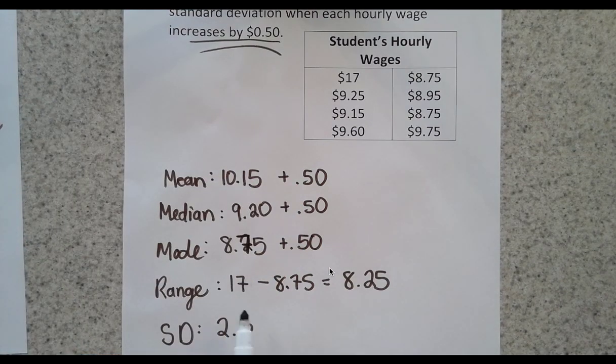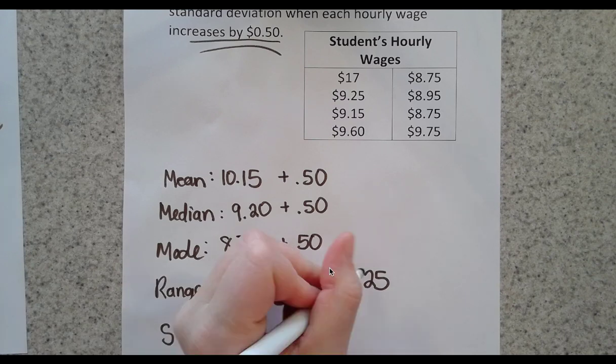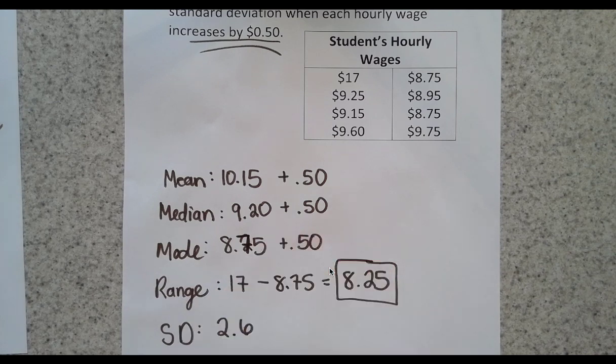Okay, range is not going to change because if you added 50 cents to $17 and if you added 50 cents to $8.75 and subtracted the two, it's still going to come out to $8.25. So range is not going to change either way.